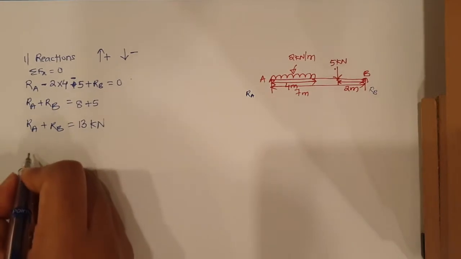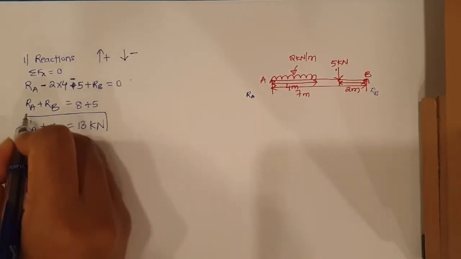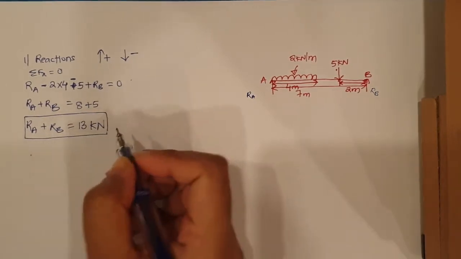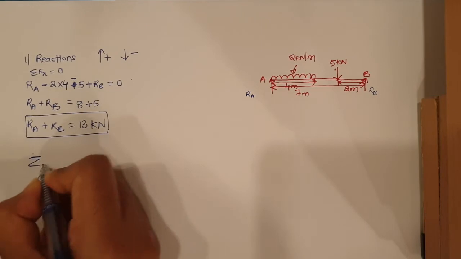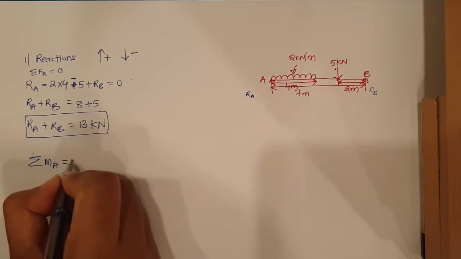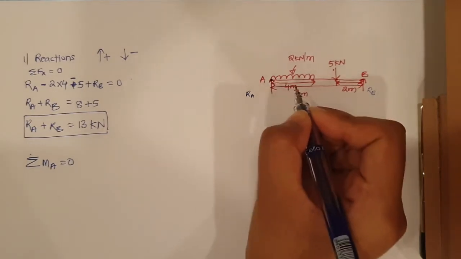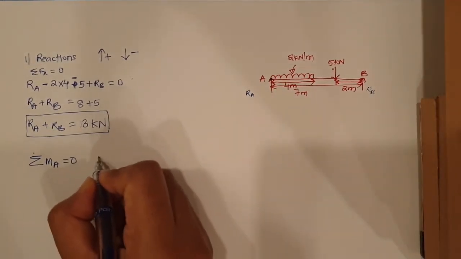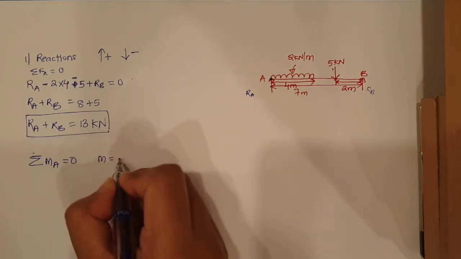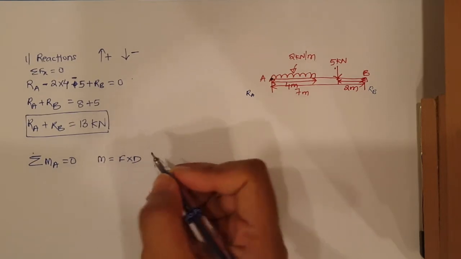Now we have found this equation. From here we can find RA and RB using the summation of moment about A equals 0. My reference point is this point A. Moment is nothing but force into horizontal distance.